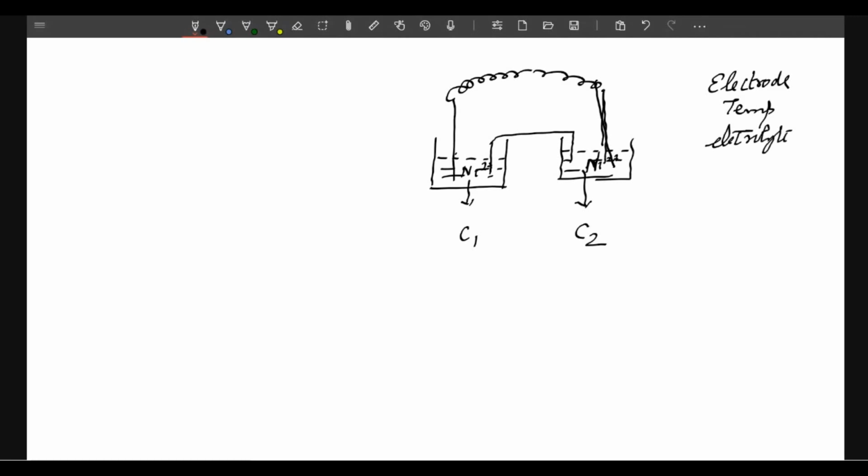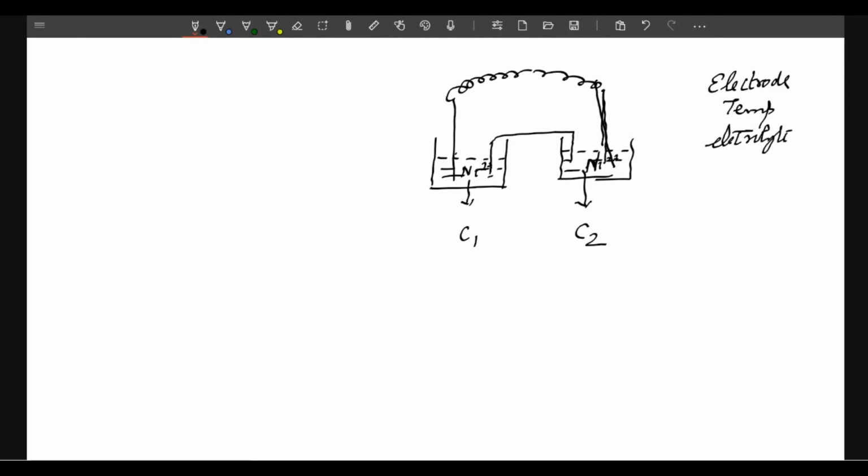Therefore, due to the difference in the electrolyte concentration, is there any passage of electricity? If at all it is passing electricity, from which concentration to which concentration, higher concentration of electrolyte to lower, or lower concentration to higher, we have to see this.